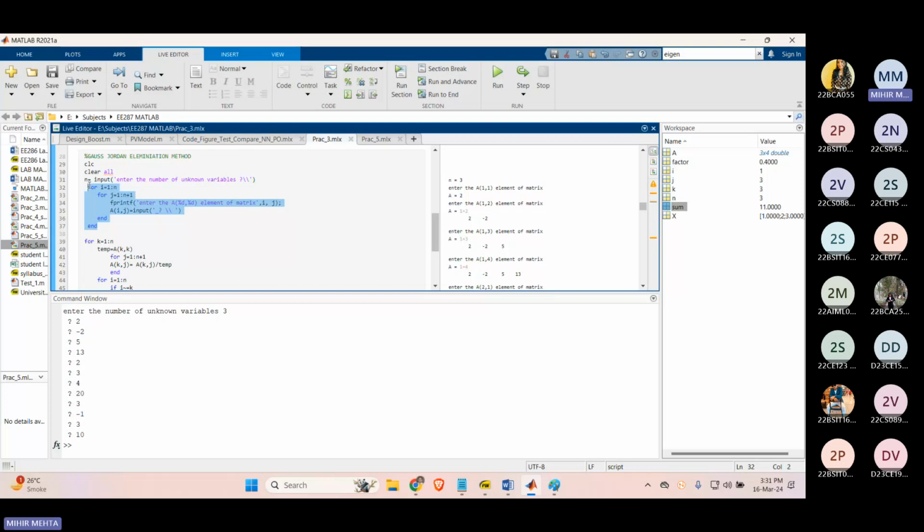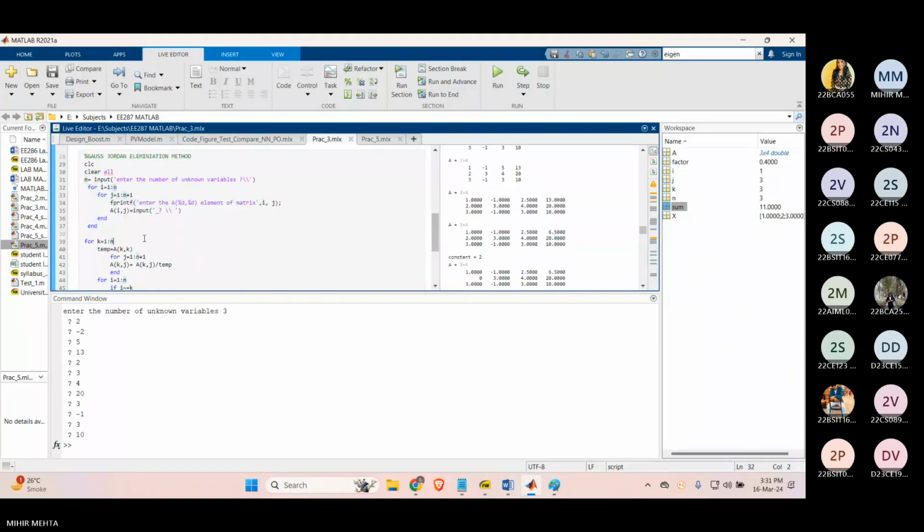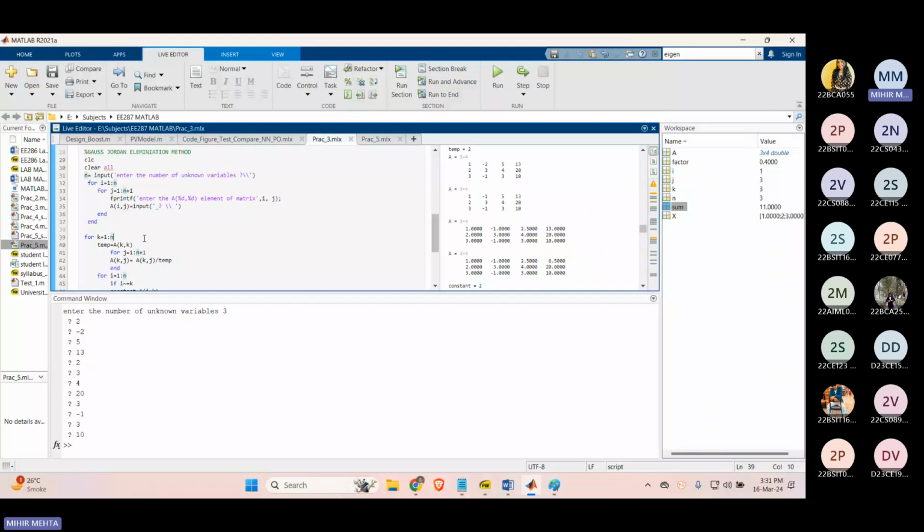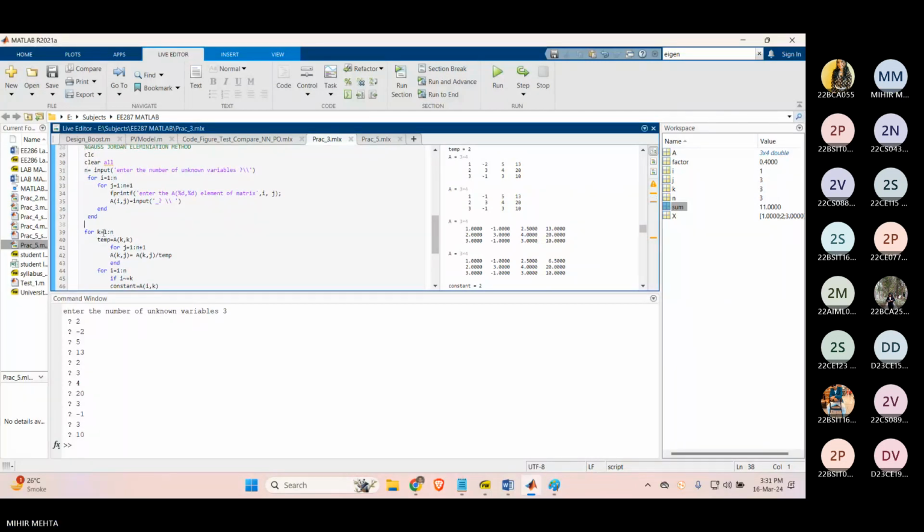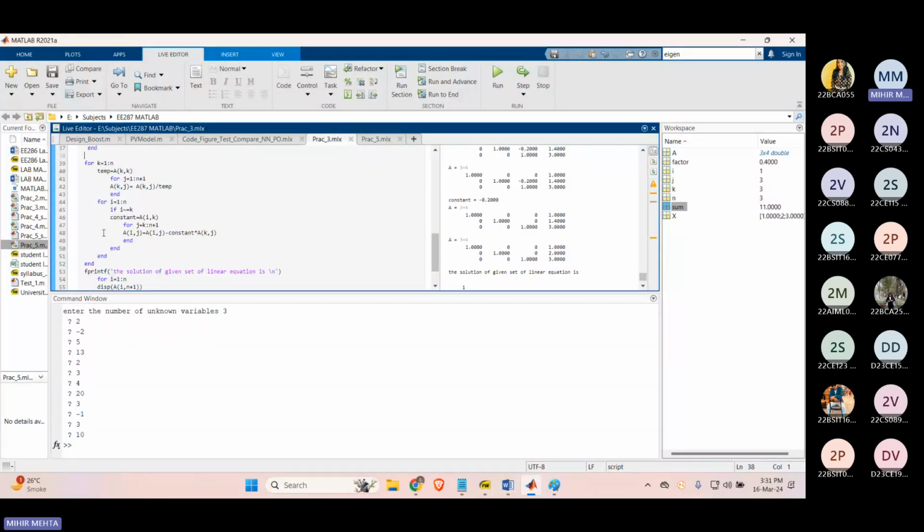Since we are using three equations and three unknown variables, the value of n would be 3. Once this is done, we'll move to this next loop.